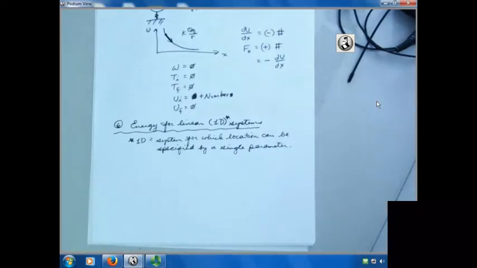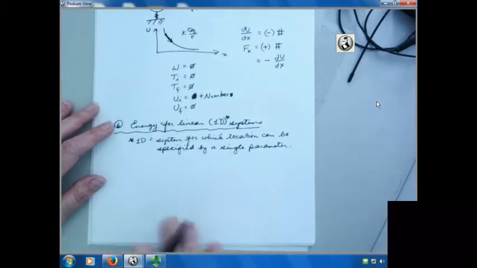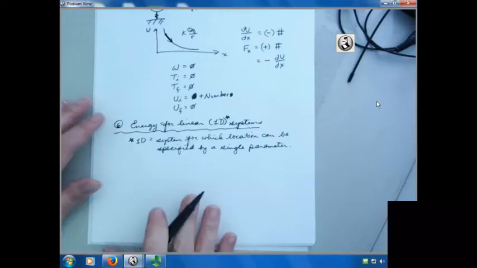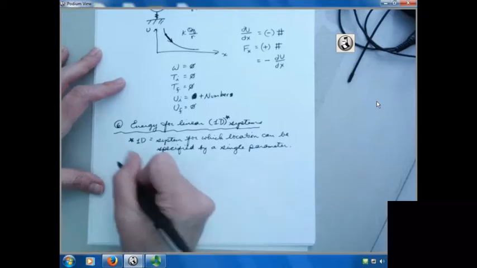So, sure, this is going to apply to an object that is constrained to move along a straight line, but it's going to apply to other things too, which we will get to. Let's first start with that object constrained to move along a straight line.